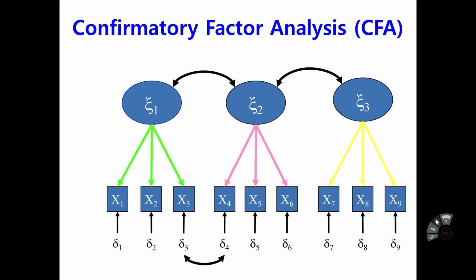In this example, we have 9 observed variables called indicators. Out of those 9 observed variables, we are now extracting 3 unobserved factors. Also, we understand those 3 factors are associated with 3 corresponding observed indicators respectively.